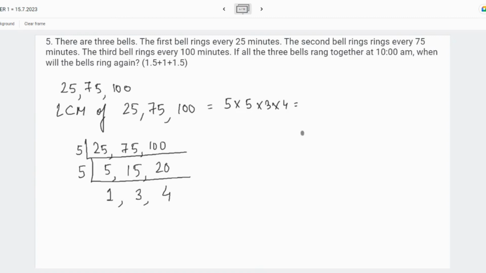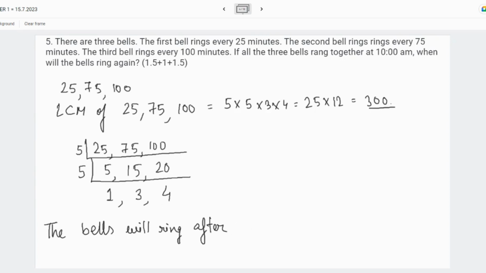And our LCM will be 5 into 5 into 3 into 4. We can simply do the calculation and we get 25 into 12 to make it shorter, and we will get 300. So the bells will ring again all together, okay?